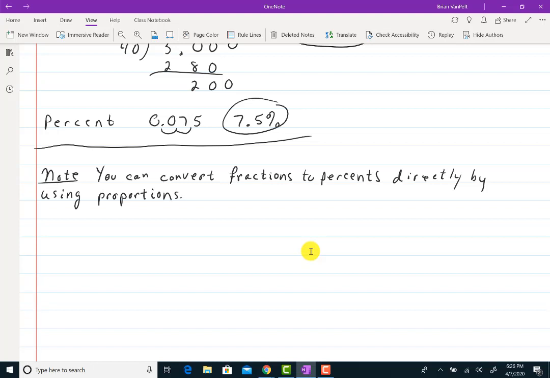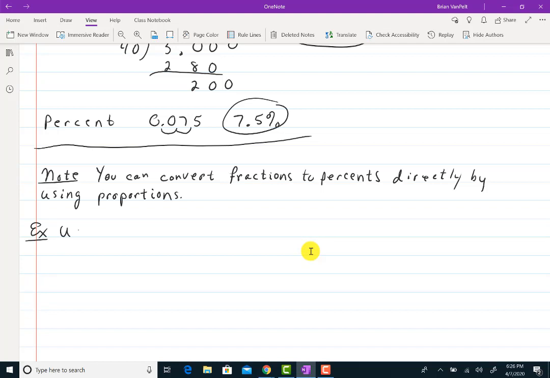So that means I don't need to go to a decimal first and then convert. I can go immediately from a fraction to a percent. And one assumes you could do the opposite direction as well, directly. So let's take a look at what I'm talking about.